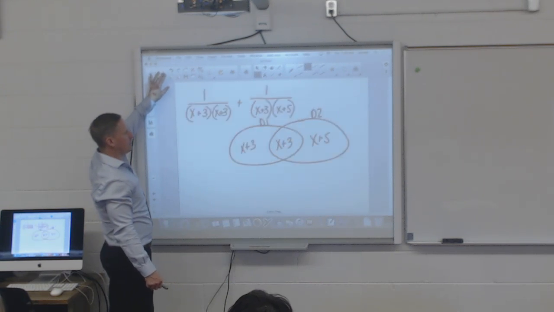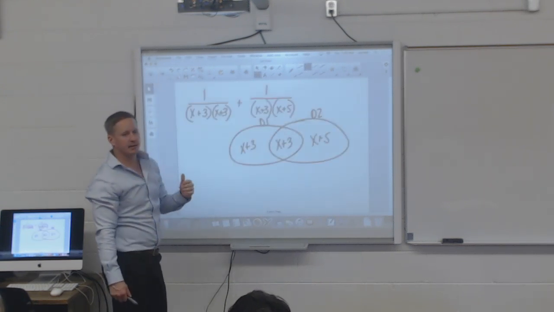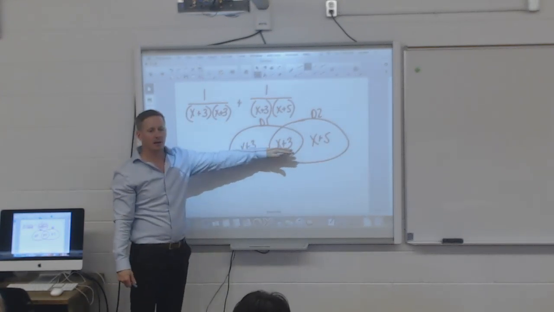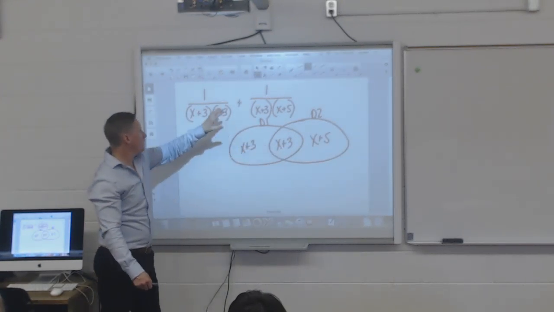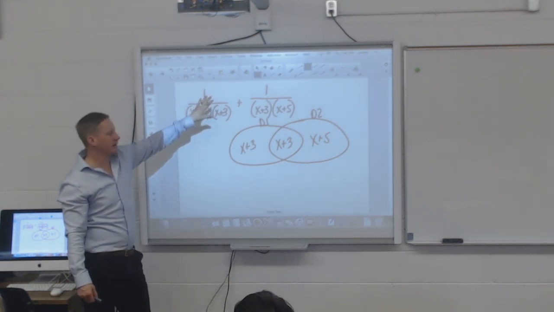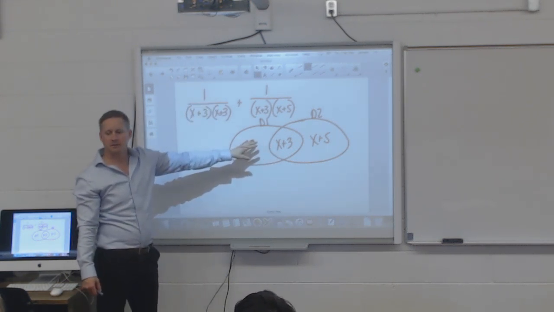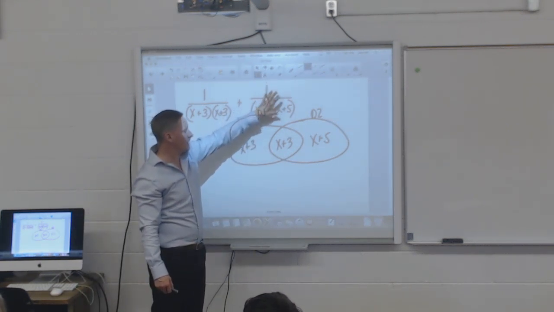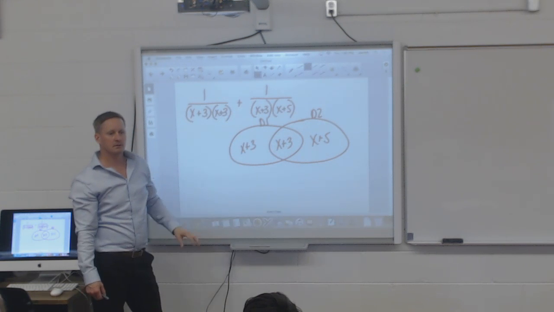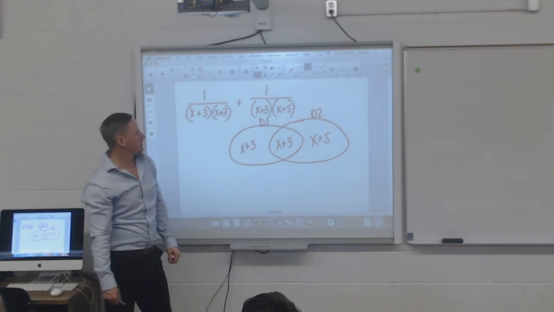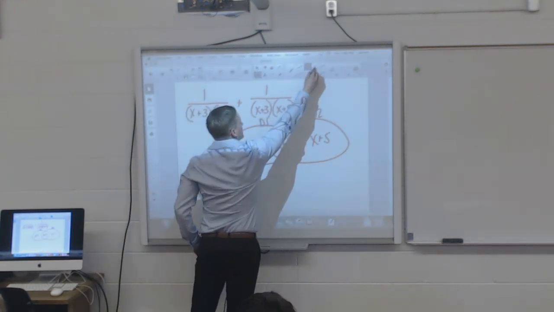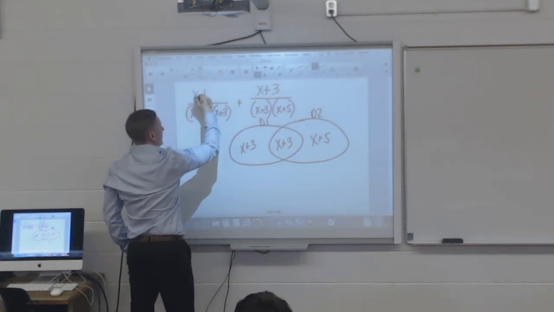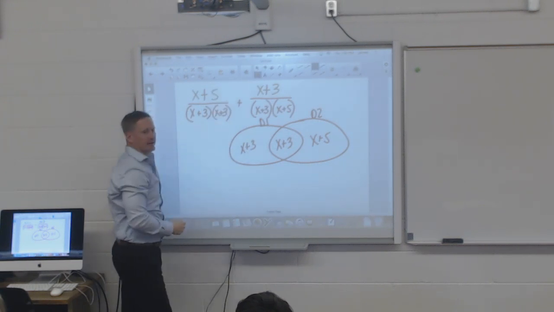Okay? So now, here's my next question then. If this entire thing right here is my common denominator, what do I have to times the top and bottom here by to get to there? X plus 5. And what do I have to times the top and bottom here by to get this x plus 3? So if I was actually adding these together, I would go x plus 3, x plus 5 like that.